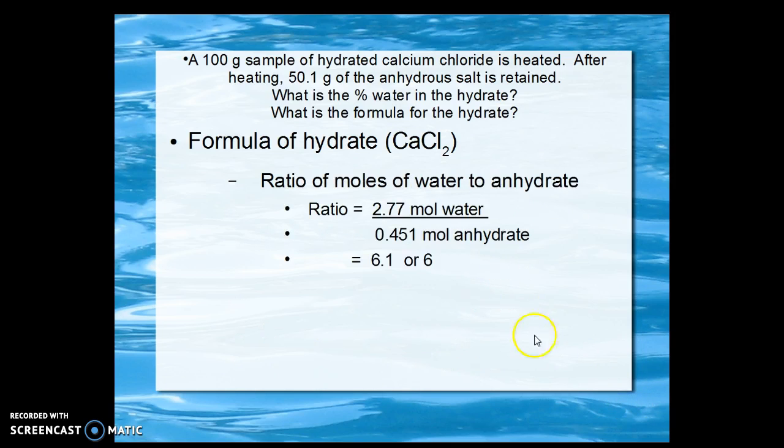The last thing you're going to do is find the ratio of moles of water to moles of anhydrate, and if you put that into your calculator, you see that this is almost exactly 6 times the moles of the anhydrous, and so we say 6 is the nearest whole number, and the formula for the hydrate is CaCl2.6H2O. This is what we call an association symbol that tells us the ratio of water to calcium chloride.